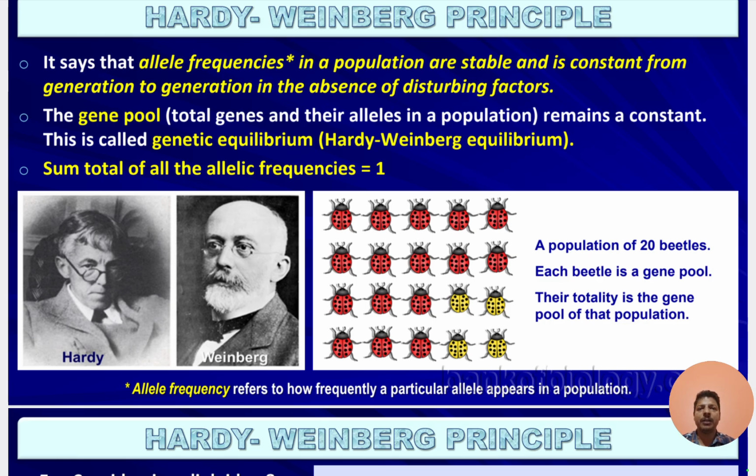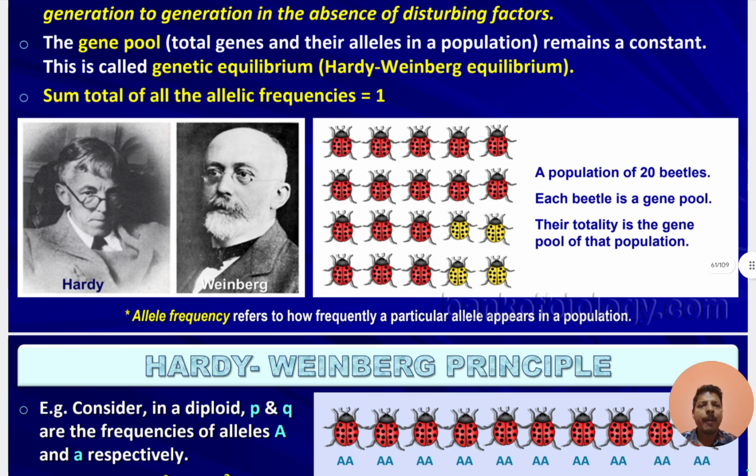This is called genetic equilibrium or Hardy-Weinberg equilibrium. The sum total of all the allele frequencies equals 1. Here, a population of 20 beetles. Each beetle has genes, and their totality is the gene pool of the population.